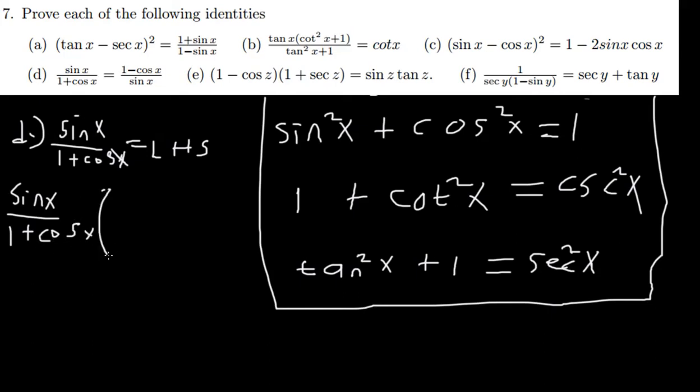The conjugate of this denominator will be 1 minus cos x, just change the sign in between, and everything on top you write the same, 1 minus cos x.